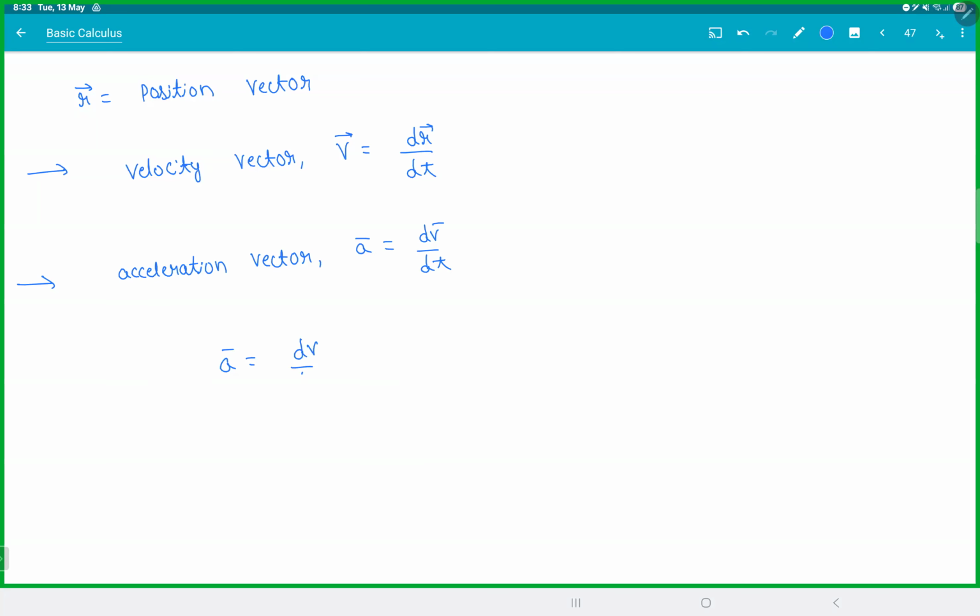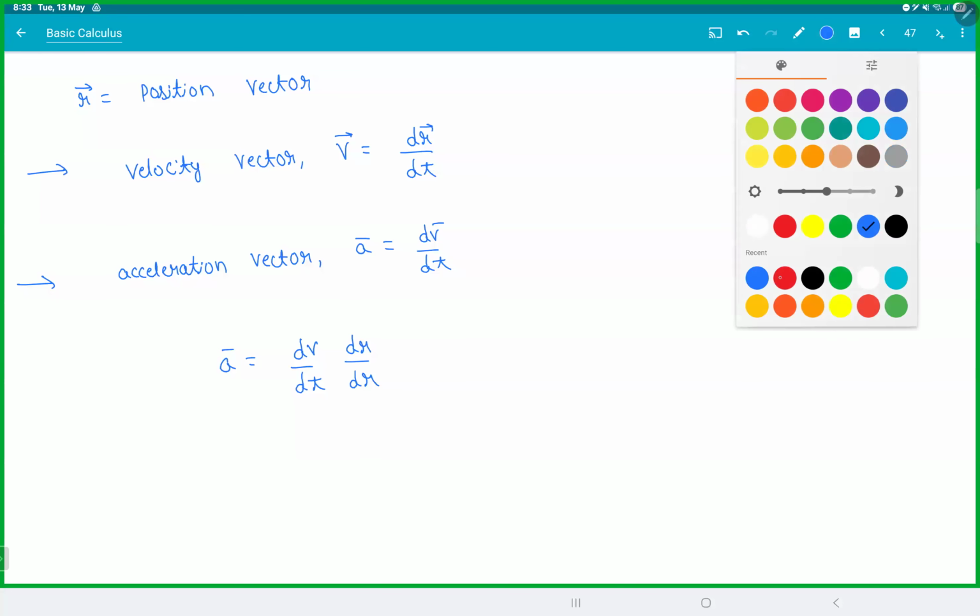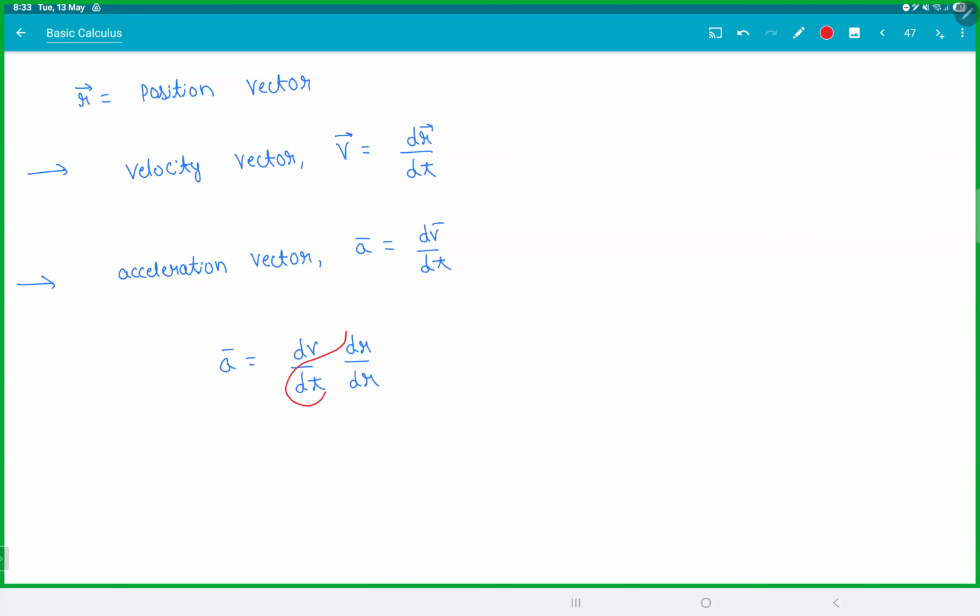Now this acceleration can also be written as dv by dt if you multiply and divide by dr. So this term dr by dt becomes velocity, and this term becomes velocity into dv by dr. So acceleration has two formulas.